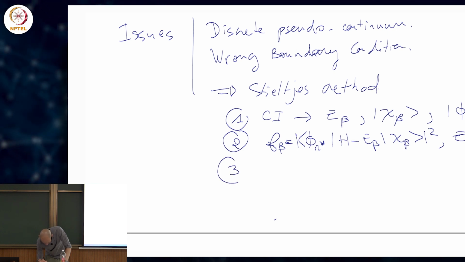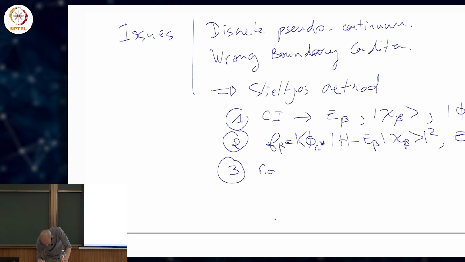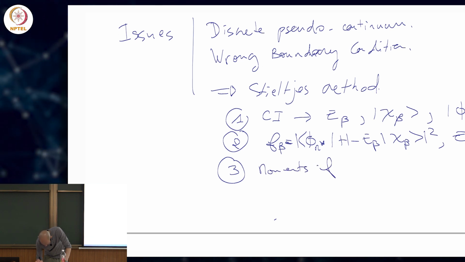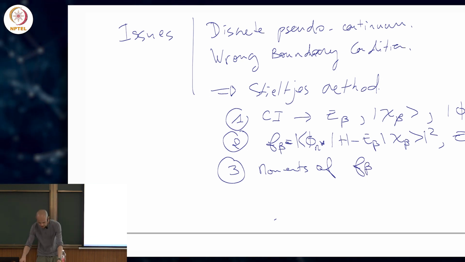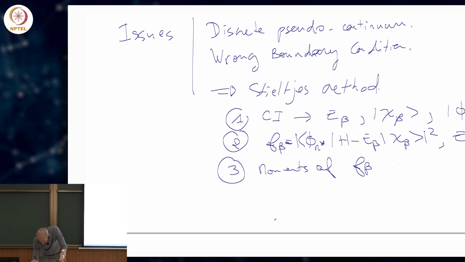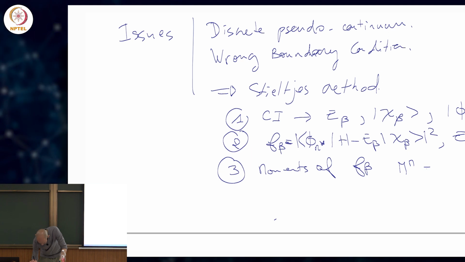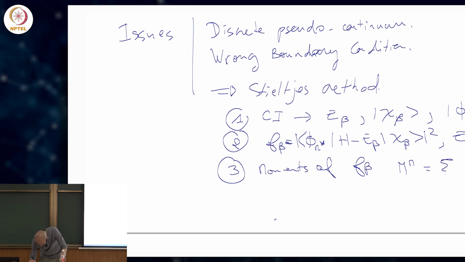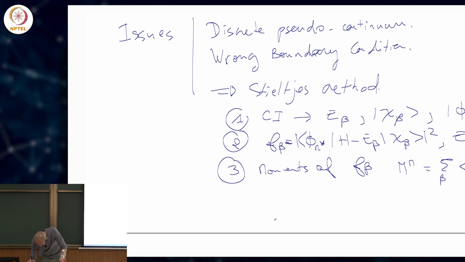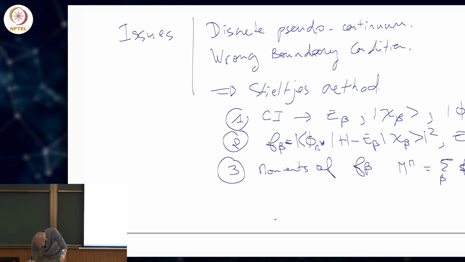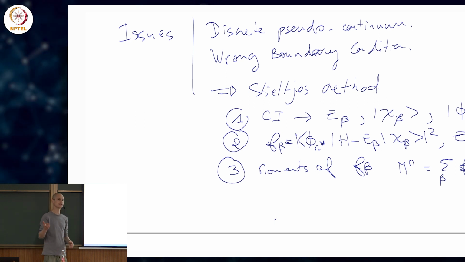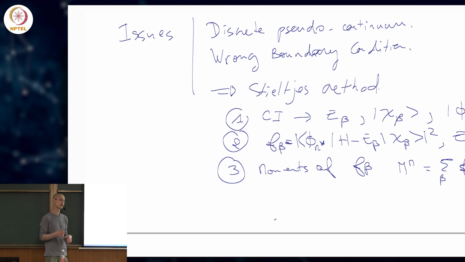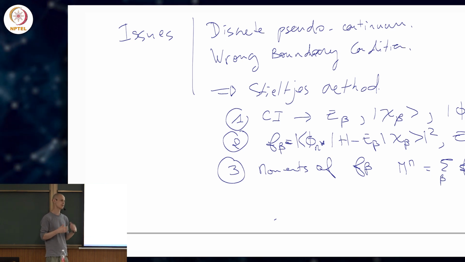And from there, you compute the moments of F beta. So the first moment, second moment, and so on, which is just, if I call the moment Mn, the sum over all possible beta of F beta E beta to the power of n. Okay? So if n equals 0, you just sum the coupling. N equals 1, you sum the coupling times the energy, and so on.